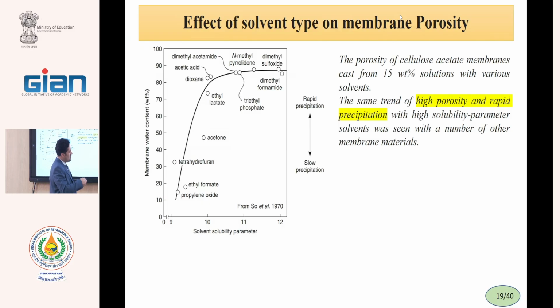You see that with increasing solubility parameters, the porosity of the resulting membranes increases, because we have rapid precipitation, and with rapid precipitation we have high porosity that causes high flux.